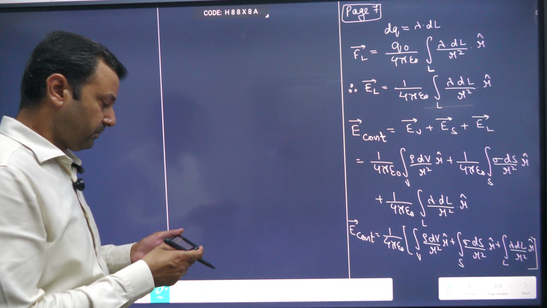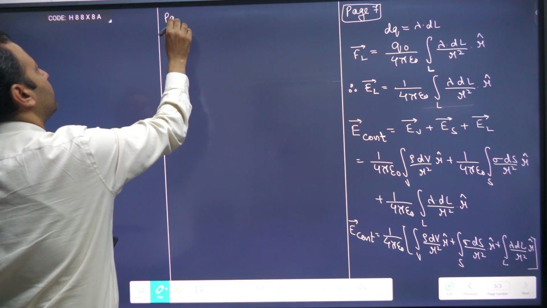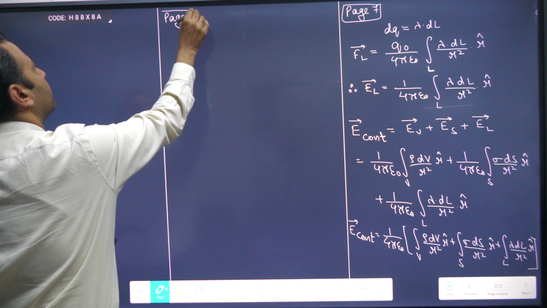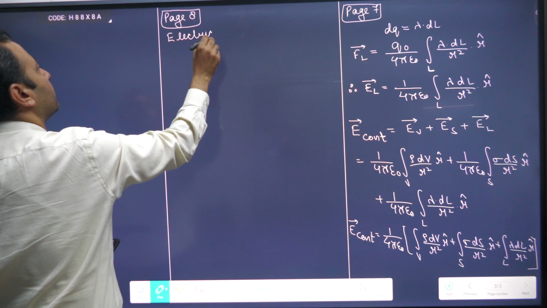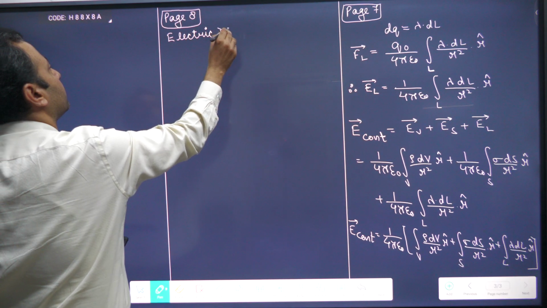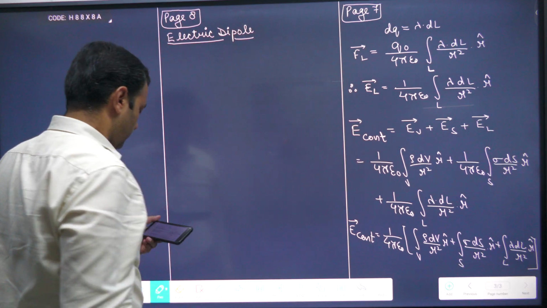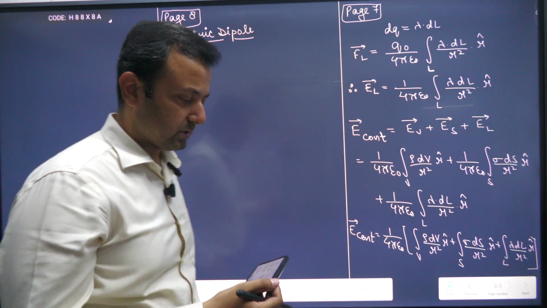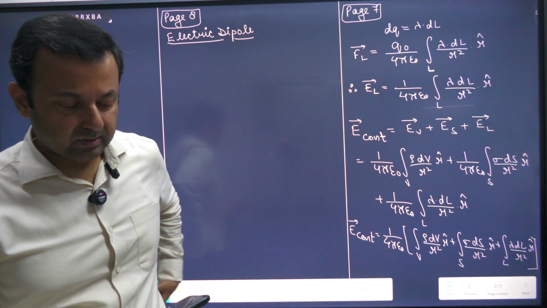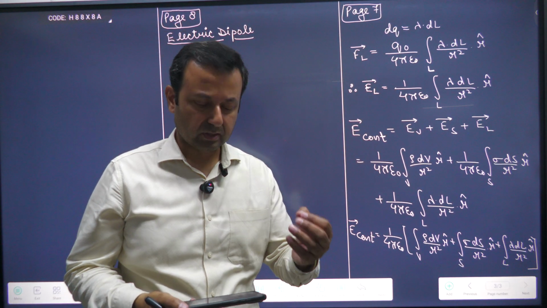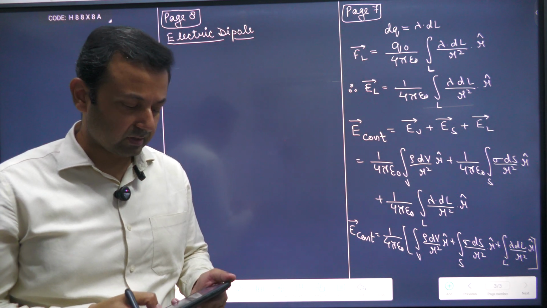Now, on page number 34, electric dipole. A pair of equal and opposite charges separated by a small distance is called an electric dipole. Now, what is dipole moment? It measures the strength of an electric dipole.